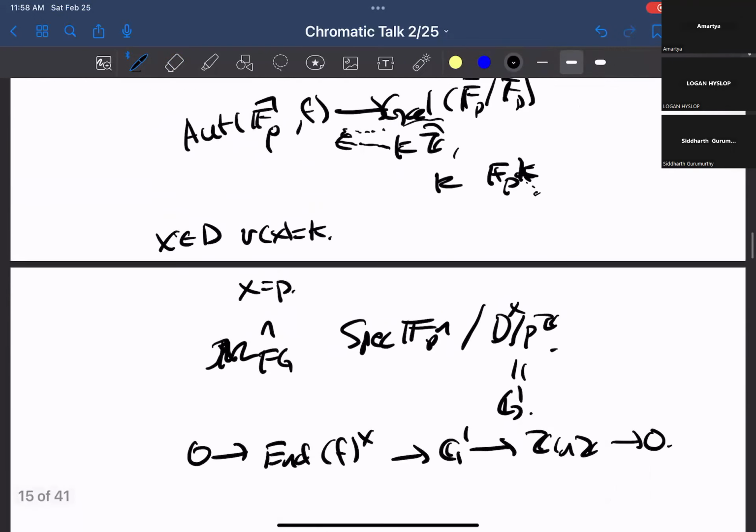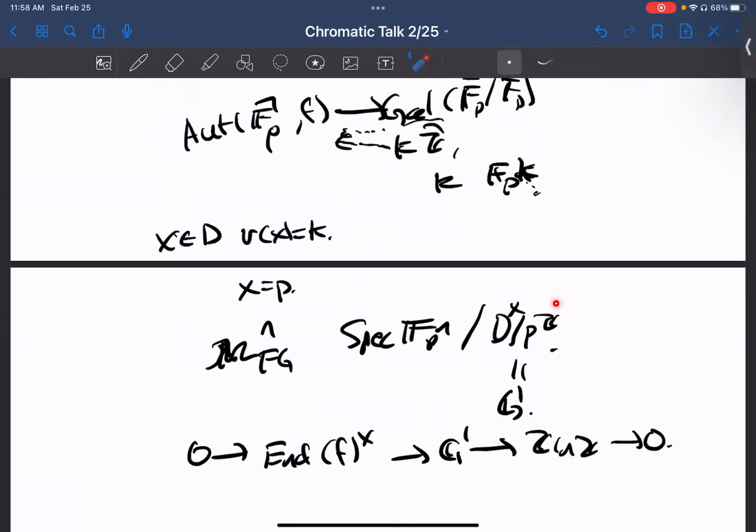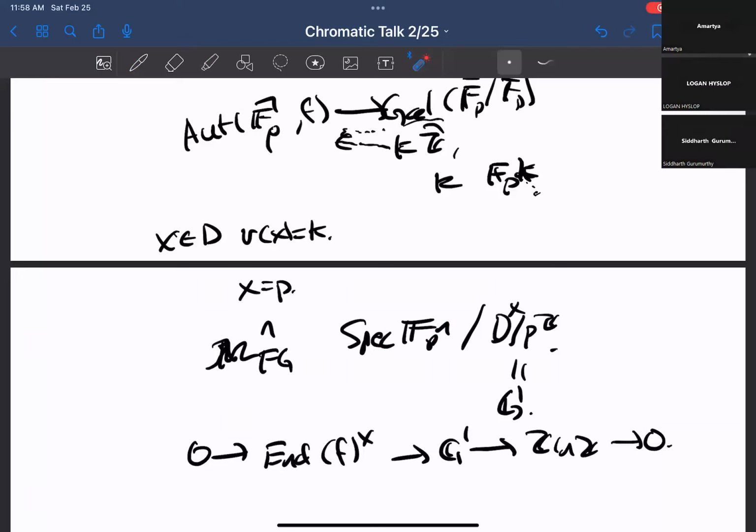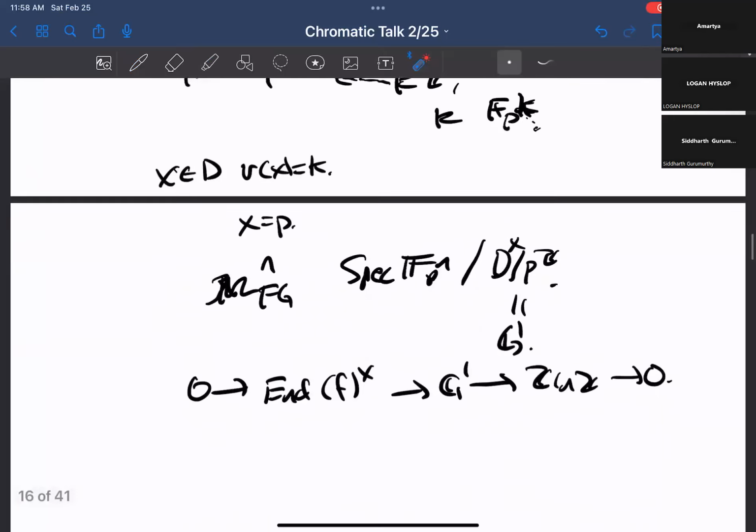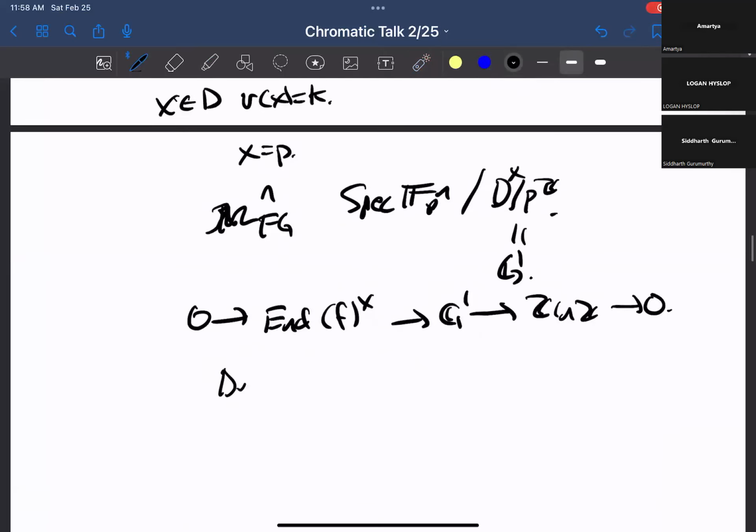So this power of p to the Z here is just quotienting out everything which acts trivially down below on this, because p was of degree n, and the nth Frobenius on this is just the identity. So this action factors over this subgroup, and this leads to this exact sequence here. And we say G prime is the Morava stabilizer group.